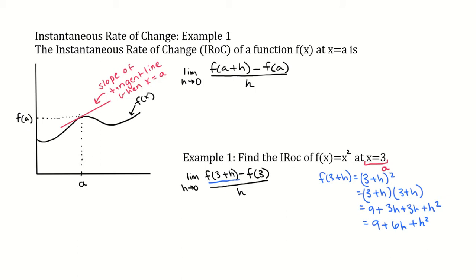So this is f of 3 plus h. Now let's find f of 3. That is just 3 squared, which is 9.